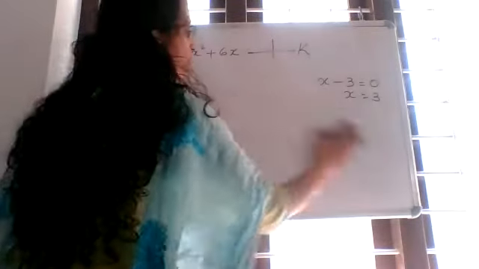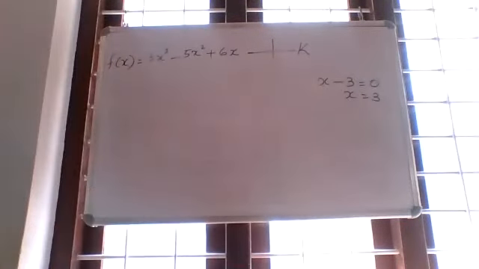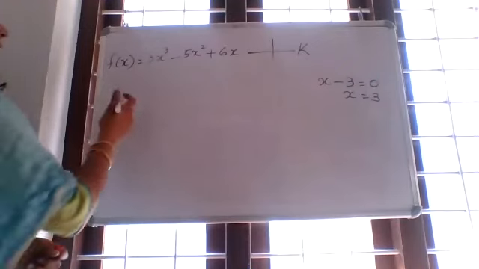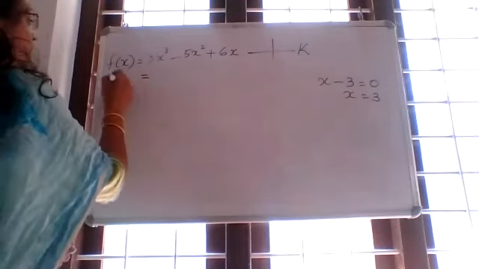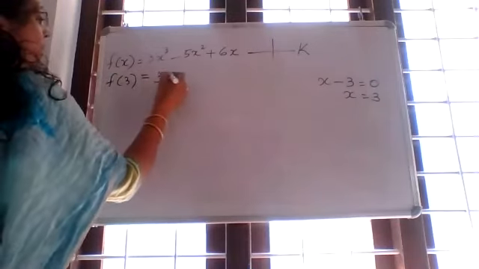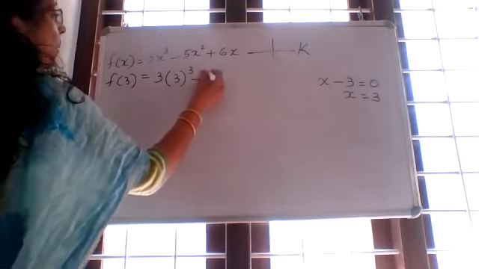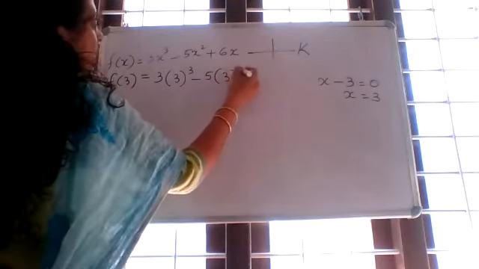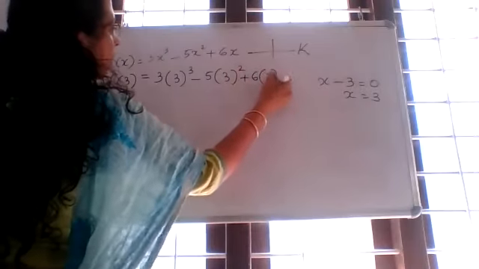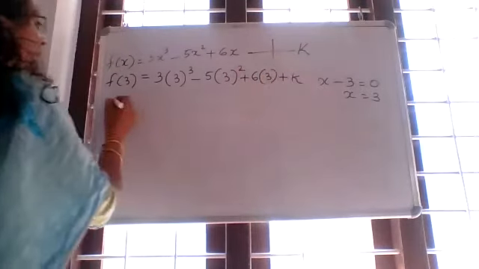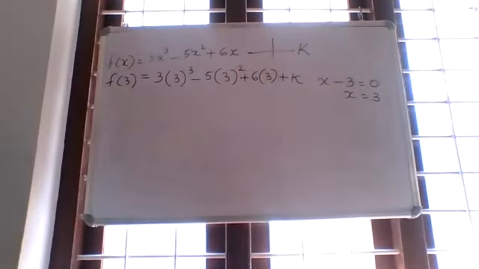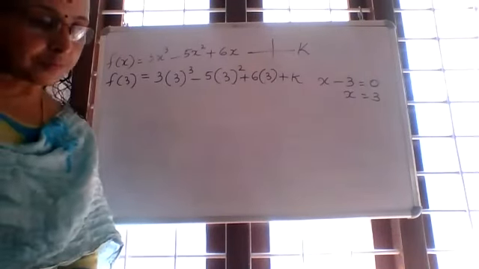Then x minus 3 is equal to 0, so x is equal to 3. So f of 3 is equal to 3 into 3 cube minus 5 into 3 square plus 6 into 3 plus k.